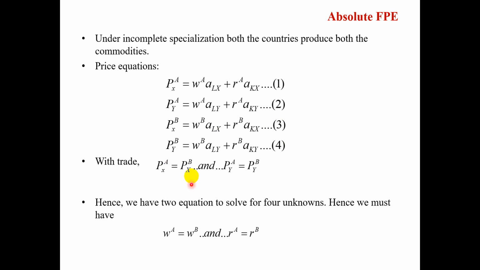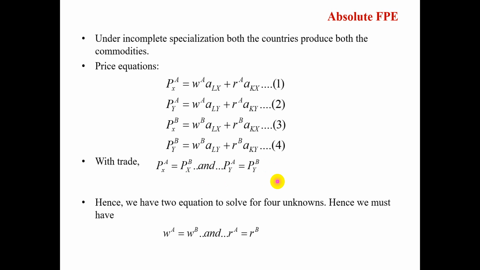Now with trade, the commodity prices will be equalized across the nations. So now you will be having only two equations, because PAX will be equal to PBX and PAY will be equal to PBY. So here we are talking in terms of the absolute prices. So if the prices are equalized, then we have 2 equations to solve for 4 unknowns.